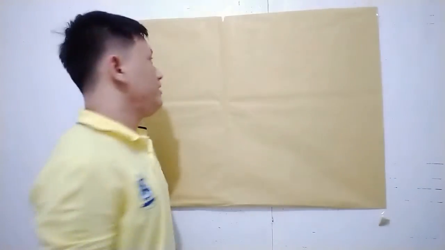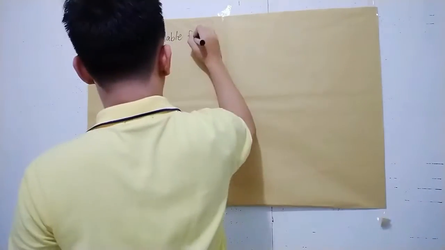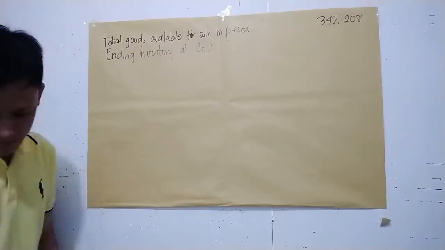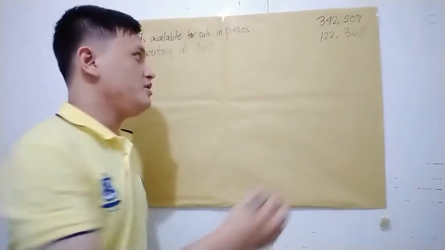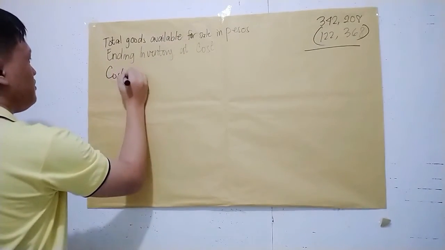So we already have an ending inventory at cost, which is 122,368. So our next is to get now the cost of goods sold. So we already have a total goods available for sale in pesos in our previous table, which is 342,208. So our ending inventory cost is 122,368. We have to deduct this one to get the cost of goods sold.